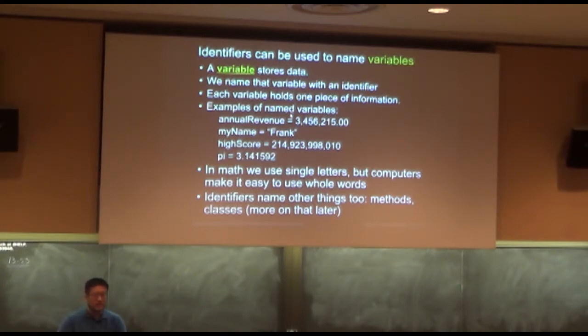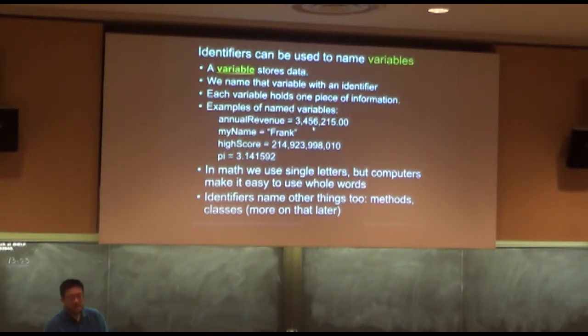In software, the equal sign is called the assignment operator. And the reason why it's called the assignment operator is because it is not commutative and it is not an equal sign. What the assignment operator does is it takes the thing on the right of the assignment operator and it stores it into the variable on the left of the assignment operator. And it never goes the other way around.